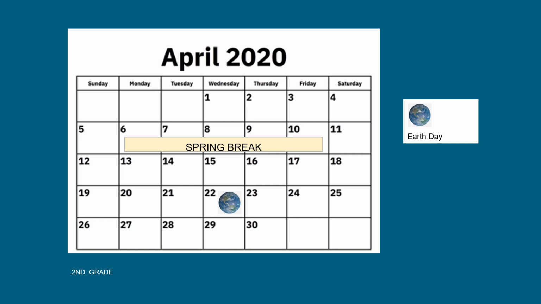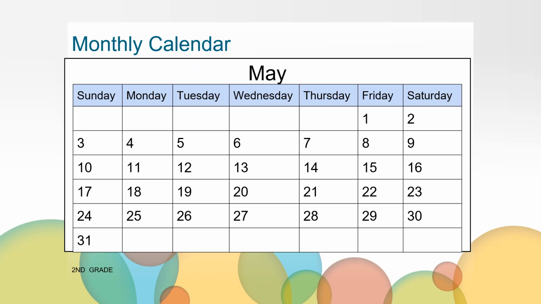If you said Friday, you are right. April ends on Thursday, and the next day begins May. So May 1st will be on Friday. All right, now we have the dates on the calendar for May.